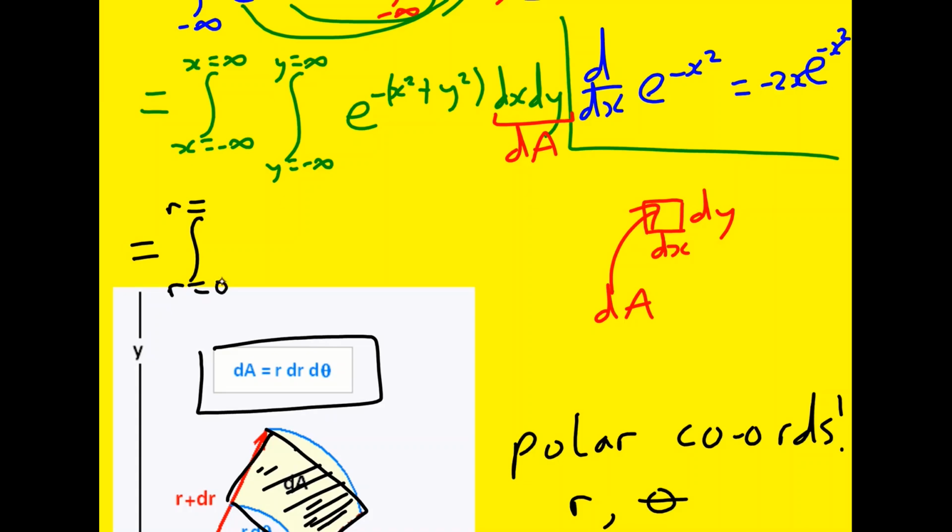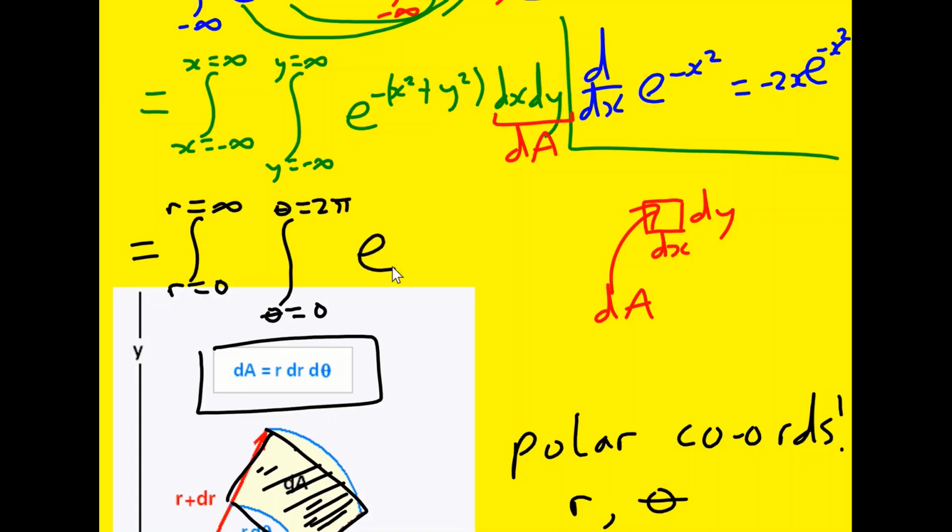It's actually going to be r from 0 to infinity. And then theta, if I want to include all the space, is going to start at 0 and go all the way around, so its maximum is going to be 2 pi. We're working in radians here.